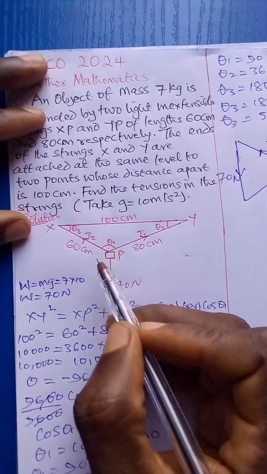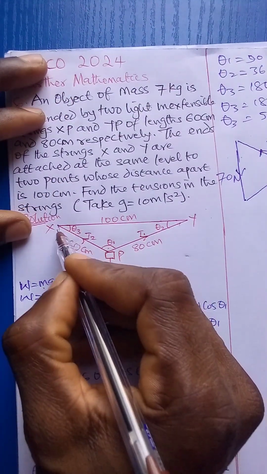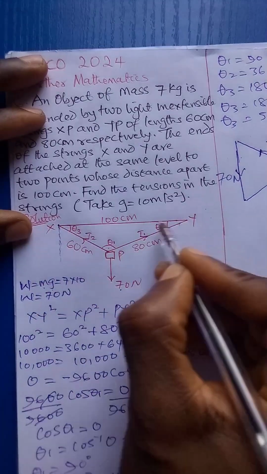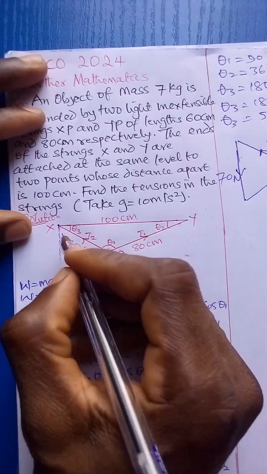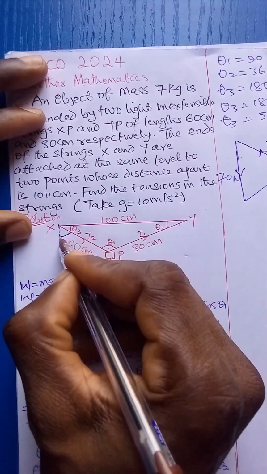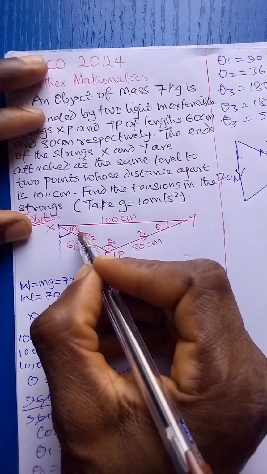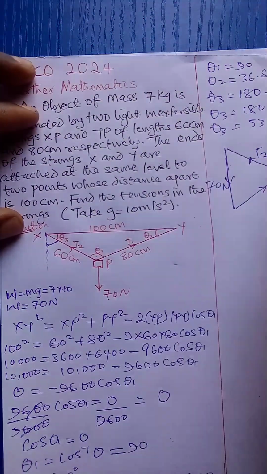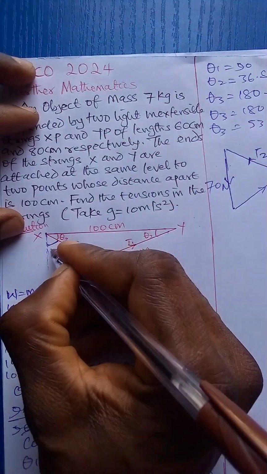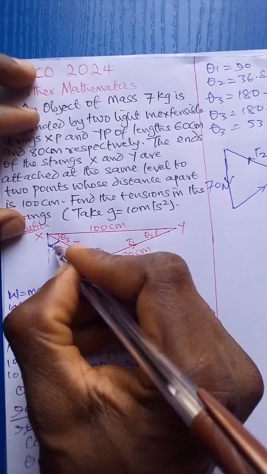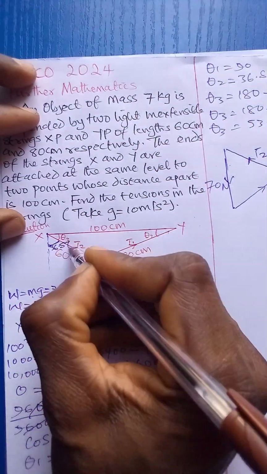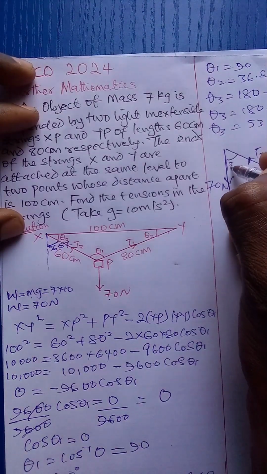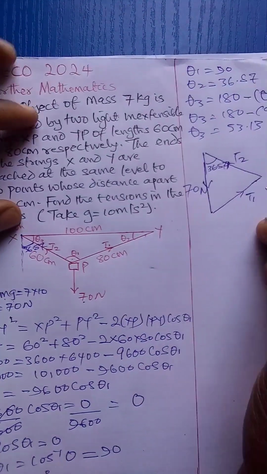First, if we put a perpendicular to this line xy, we are going to have that this angle is the complementary angle to this theta 3, and theta 3 is 53.13. So here becomes 36.87. So I'm going to put 36.87 here.